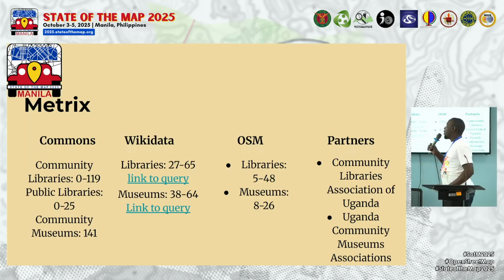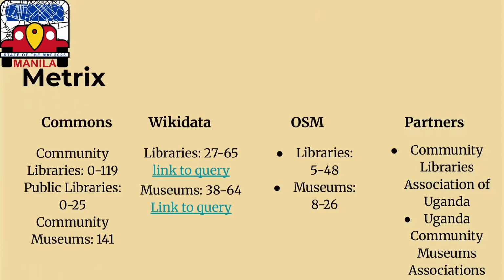And these were the metrics before and after the project. Some of you may be aware of Wikimedia Commons. We were able to take pictures, and those pictures were hosted on Wikimedia Commons. For community libraries, there were no pictures at all on Wikimedia Commons, but we were able to upload 119 pictures for public libraries.